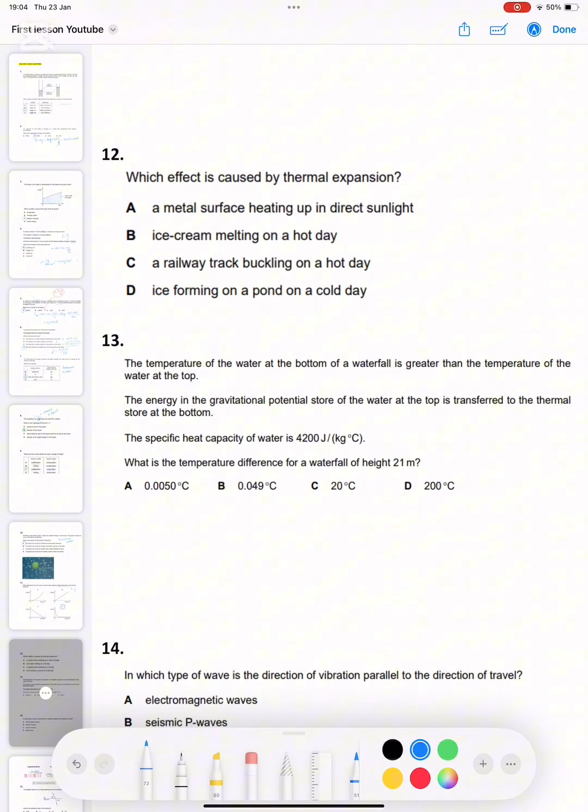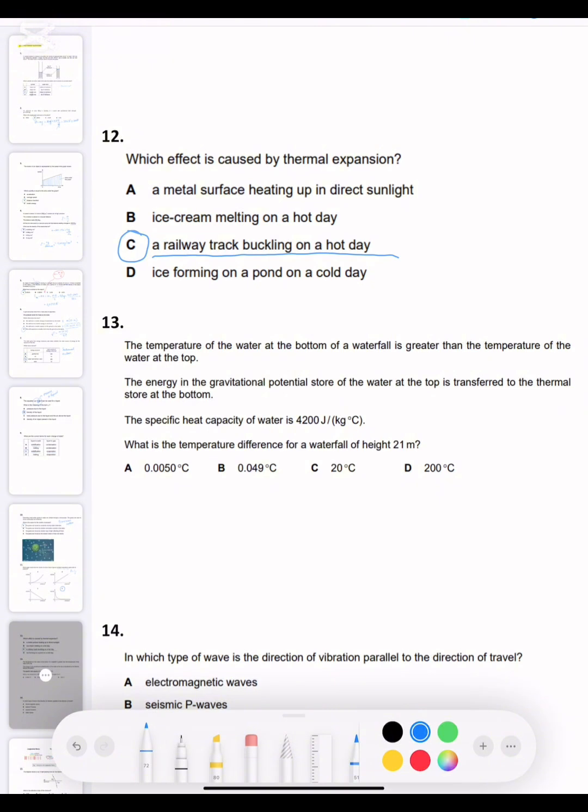And the best example of thermal expansion is a railway track buckling on a hot day. As the temperature rises, the metal of the tracks expands, and if the tracks are fixed at certain points, they can bend or buckle. So the answer is C.